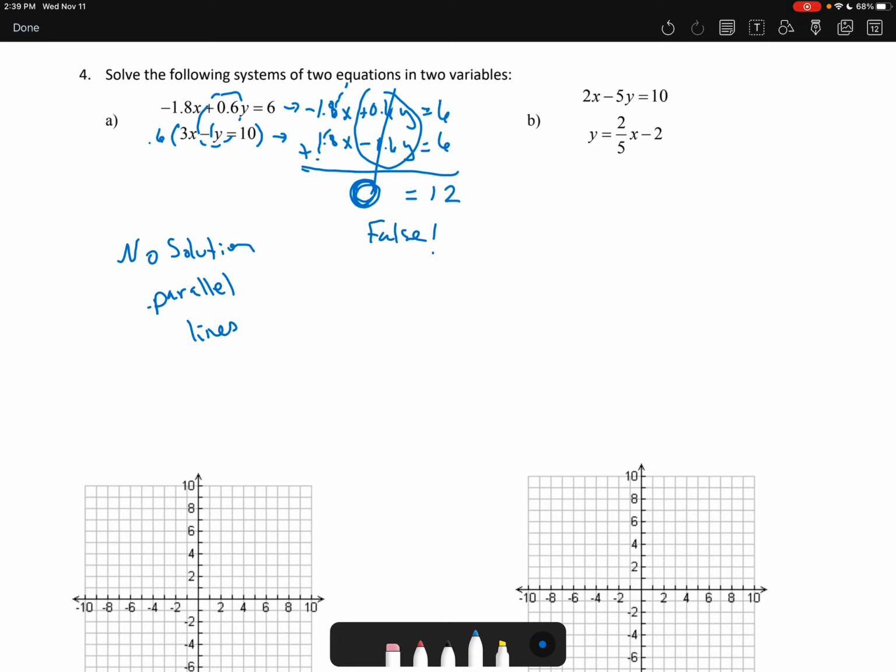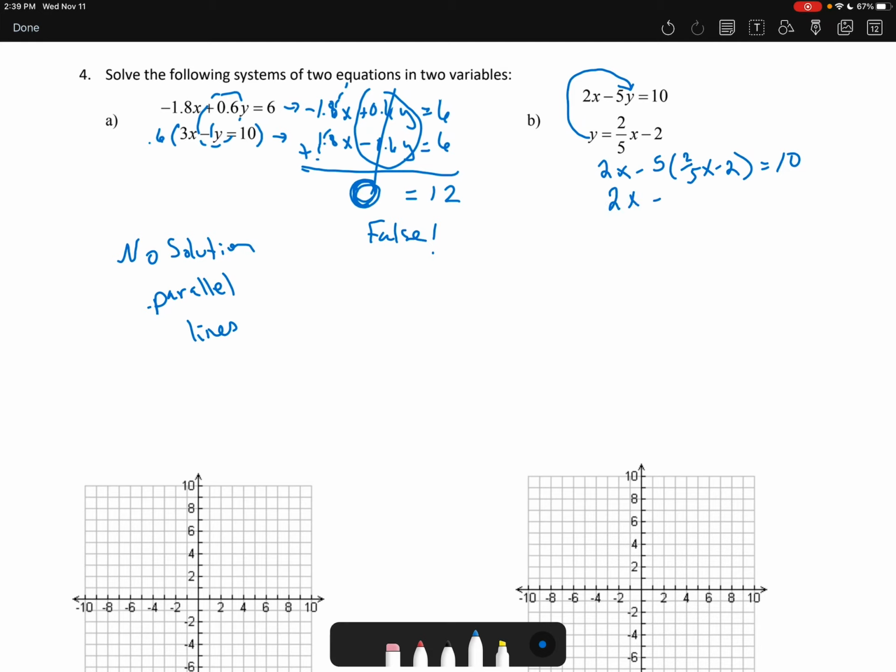So on this one, it's actually set up pretty nicely for substitution. I'm just going to take this equation and sub it in here for y. So let's see, we've got 2x minus 5, and in place of y, I'm going to write 2/5 x minus 2 equaling 10. Distribute.